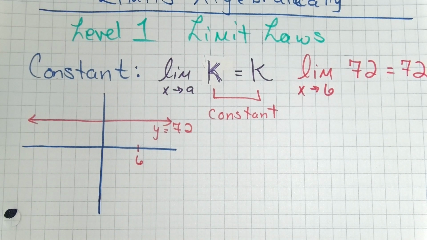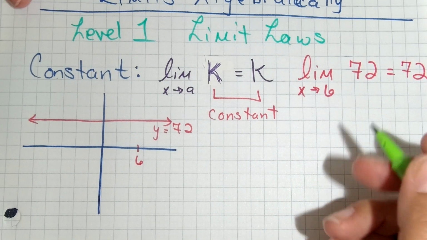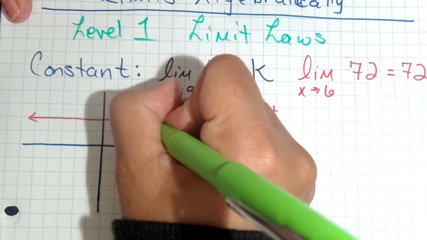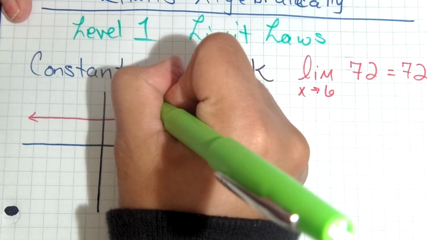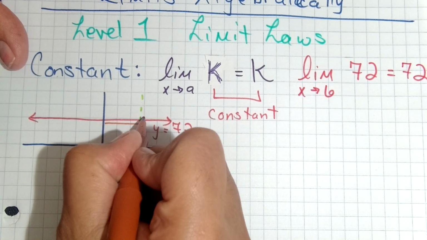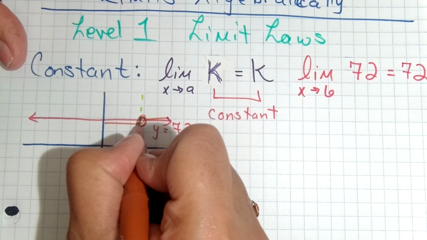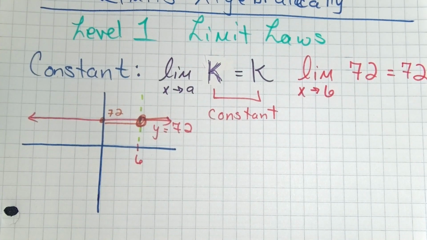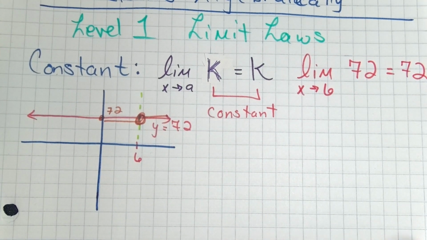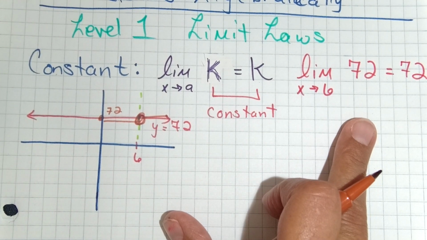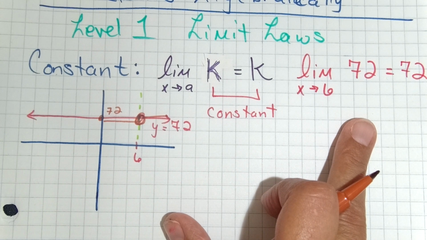What we have been doing in class with our graphs is that we would draw the line going up and down to find the limit. And then we would go from the left, figure out what that is, and then from the right, figure out what that is. And then this is 72. So that's what it looks like graphically for a constant. I know some of you were confused. So this is what it looks like graphically, and this is what it looks like numerically. We'll do examples in a minute, okay?